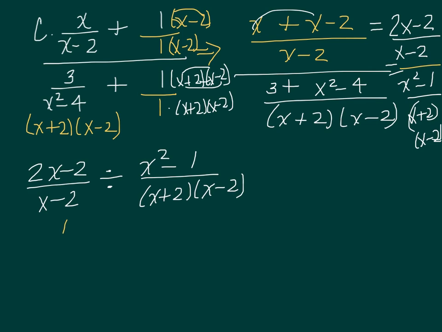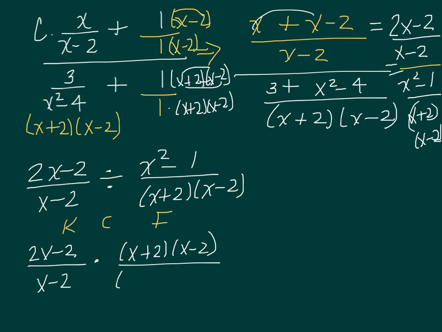Alright, so we're going to do keep, change, flip. And then, sorry, I meant to tell you that I factored the numerator. I need to factor this side, so I'm going to take out a GCF, which is 2.